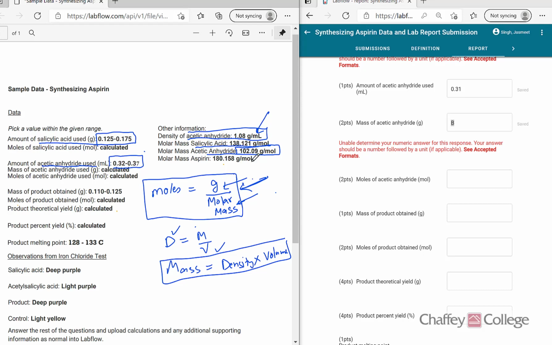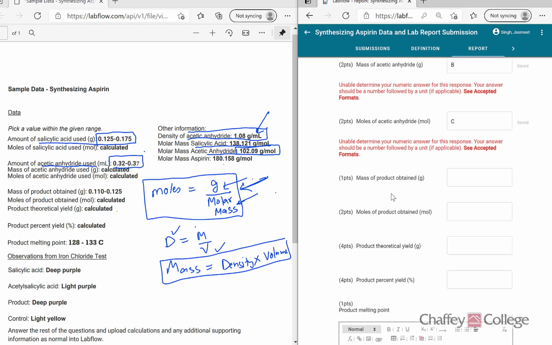So if we use 102.9 as molar mass, and grams will be the value which you get in this box, dividing those two values, you should get the moles. So I'll say B, whatever that B is, divided by 102.9. This should give you the moles of acetic anhydride. So whatever the answer comes, you should write that answer. I'm gonna assume that the answer is C.